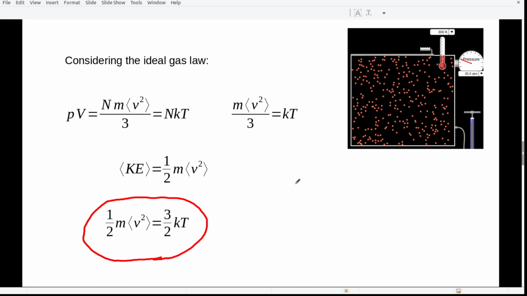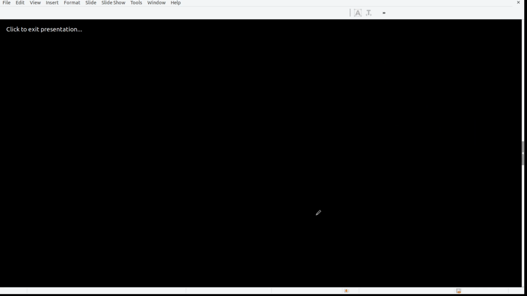And this is exactly the relationship for a monatomic ideal gas, and that's pretty important here. It's just single tiny hard particles, non-interacting: 3/2 kT is equal to the average kinetic energy. Therefore, temperature is proportional to average kinetic energy. And we're at the end of the show.